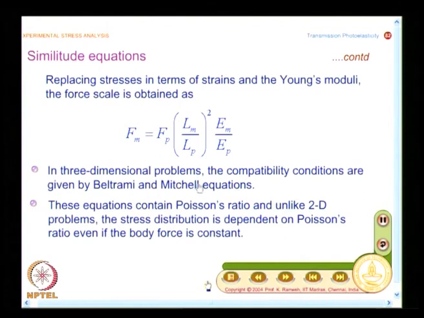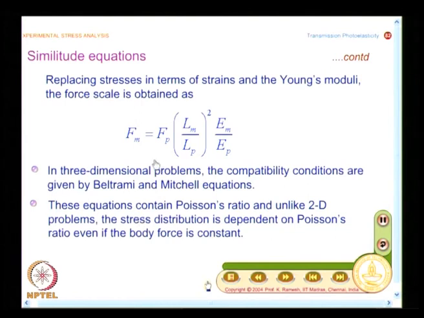And here again we will have to bring in a distinction. In 3 dimensional problems, the compatibility conditions are given by Beltrami and Mitchell equations, they are functions of Poisson ratio, and unlike 2D problems, the stress distribution is dependent on Poisson's ratio even if the body force is constant. That is emphasized, even if the body force is constant, 3 dimensional problems are always difficult to handle.